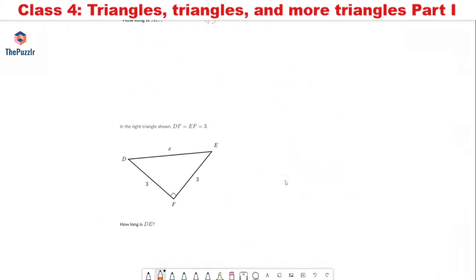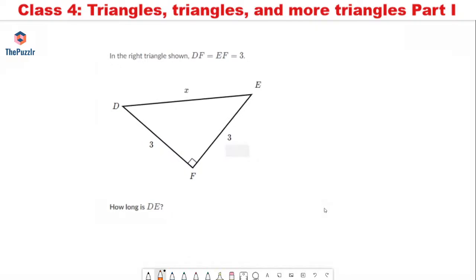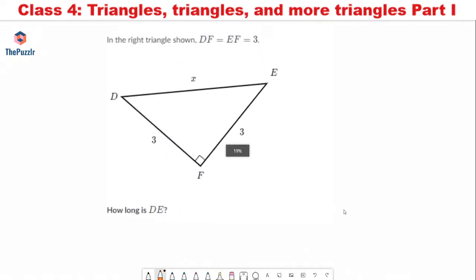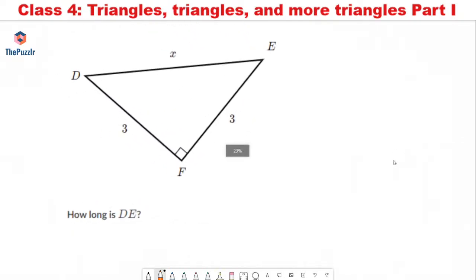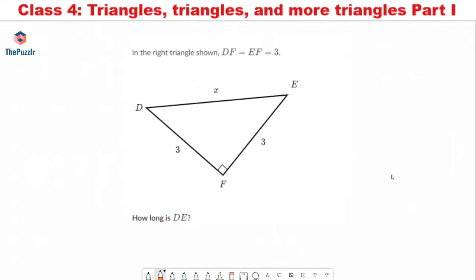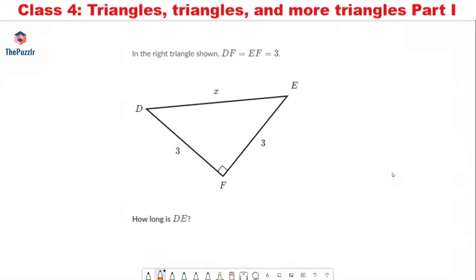Okay, we have a 45, 45, 90 triangle. This is much easier, right? You just have to remember that. In the right triangle shown, DF equals EF equals 3. How long is DE in this example?